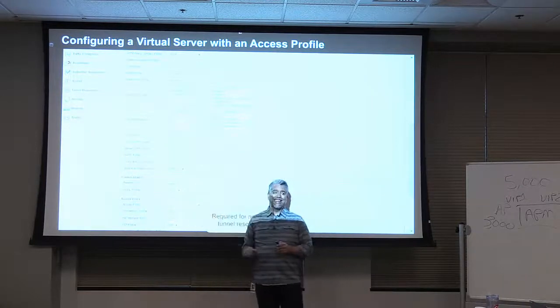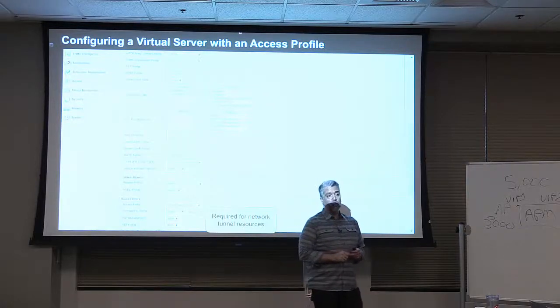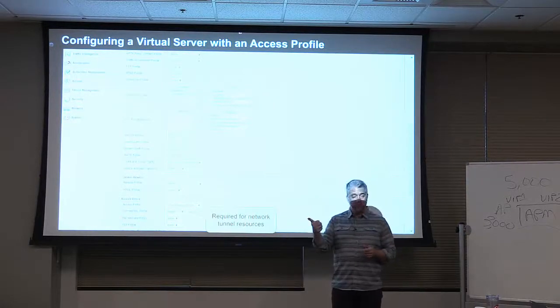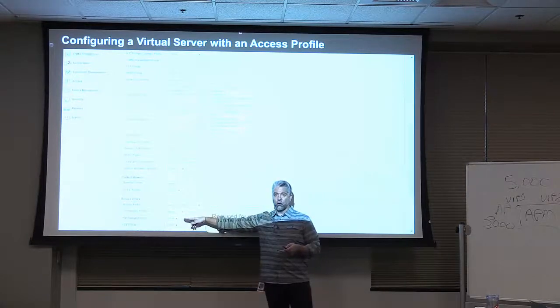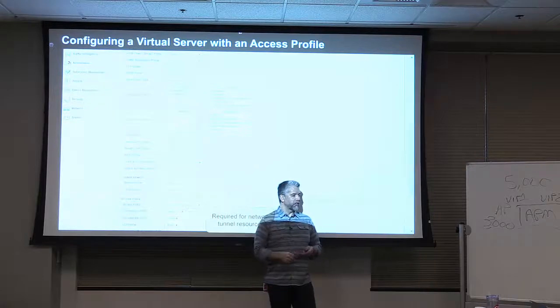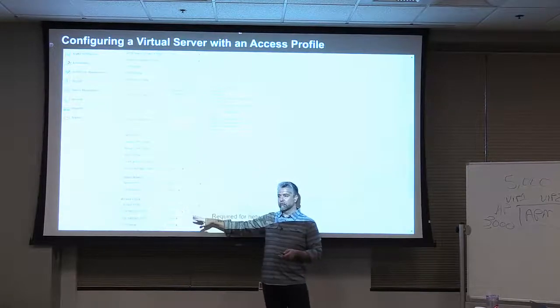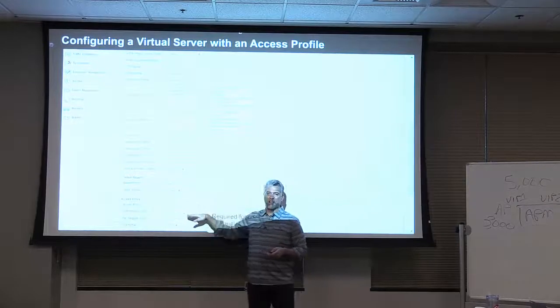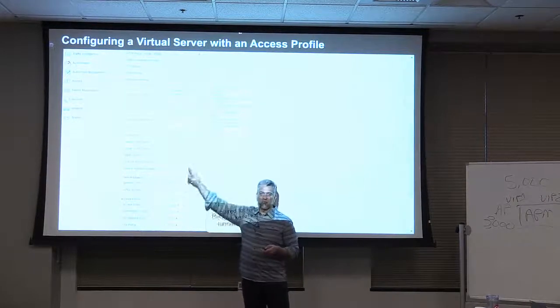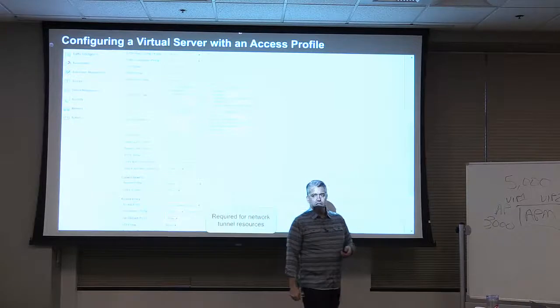If we're going to give out any kind of application access, whether it's a network tunnel or the client server app that we also call an app tunnel, we'll talk about that next, then we'll need to have a connectivity profile. The good news is, if you're using the wizard to set this up, it'll do all this for you. So you don't really even have to worry about it. Because more often than not, you don't necessarily need to customize these very much, if at all.